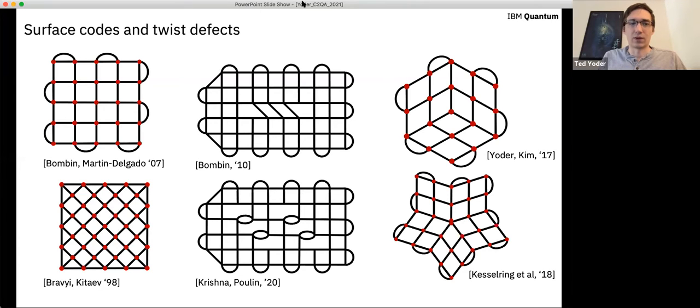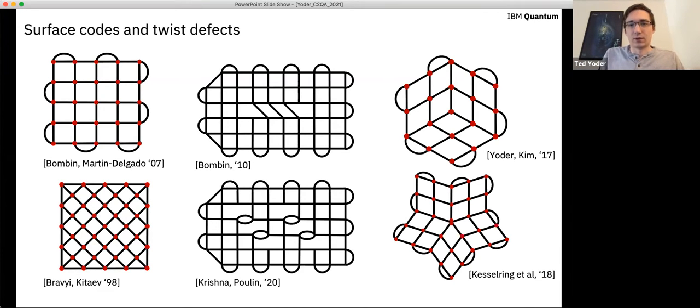So the first surface code was Bravyi-Kitaev in 1998. That was in the plane, as opposed to Kitaev's surface code on the torus, which perhaps you would call the toric code. Bombin and Delgado rotated the Bravyi-Kitaev lattice so that they could use fewer qubits to encode still one logical qubit.